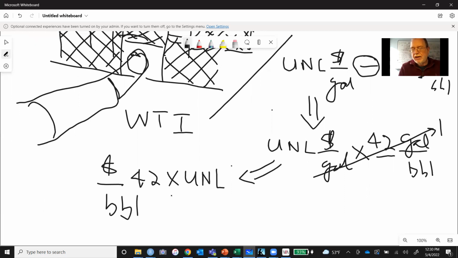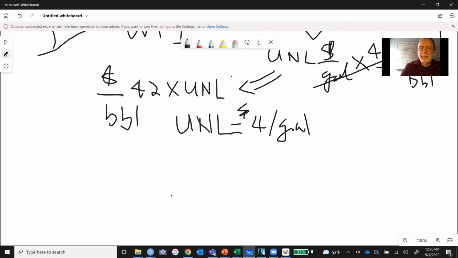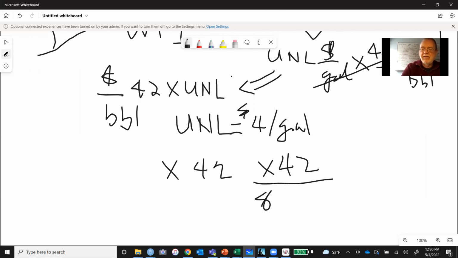So just to try this quickly, if gasoline is $4 per gallon, we multiply this times 42, we get $168 per barrel.